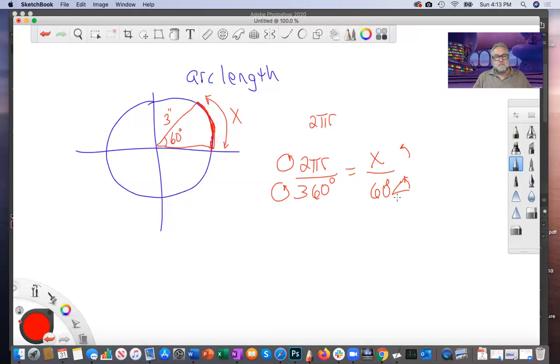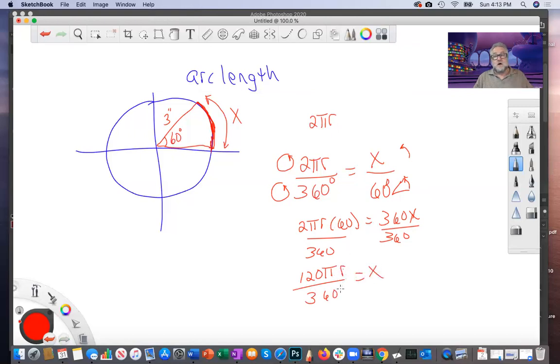So again, I'm going to use the ratio to figure this out. If I solve for this, I'm going to cross multiply: 2 pi r times 60 equals 360x. I know you didn't have to cross multiply, I could have just multiplied by 60, but I try to make every problem look the same, so I'm going to do that anyway. 2 times 60 is 120. 120 pi r over 360 is going to equal my arc length.